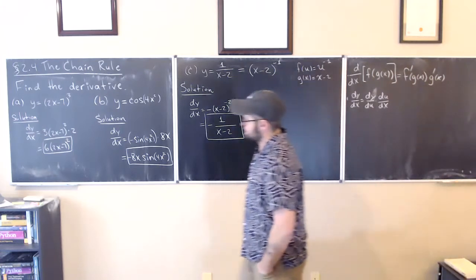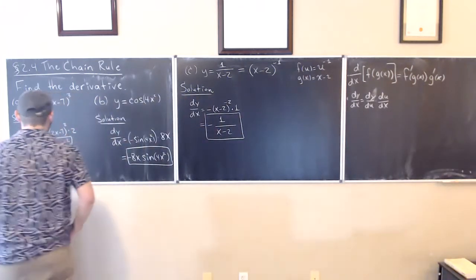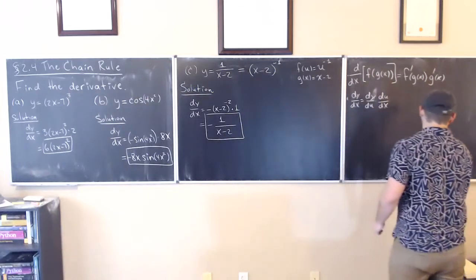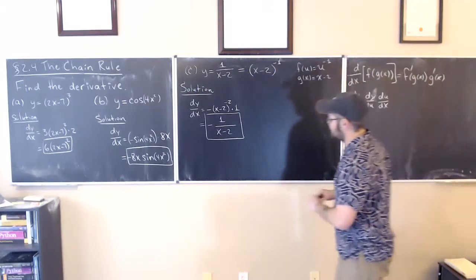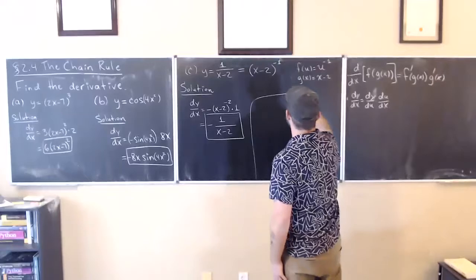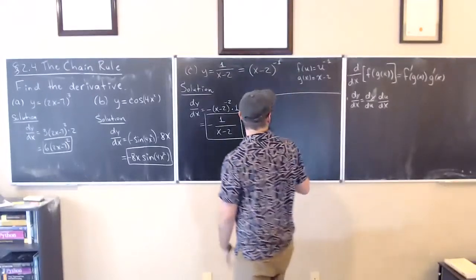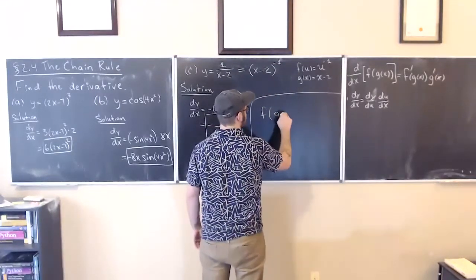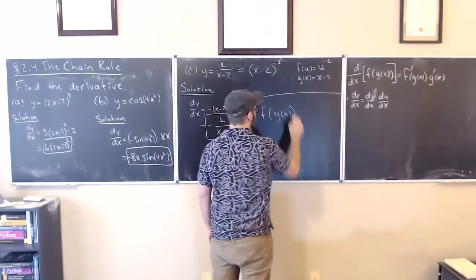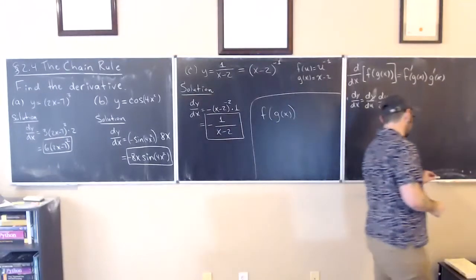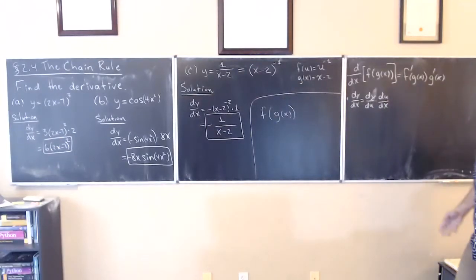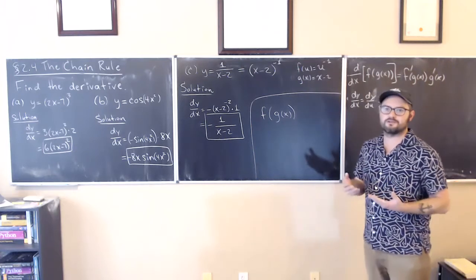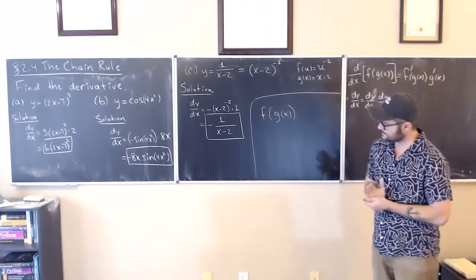So I should probably note a little bit about the intuition behind the chain rule. If you have some composite function here, we discussed that the derivative of a function tells you information about the instantaneous rate of change at a point.